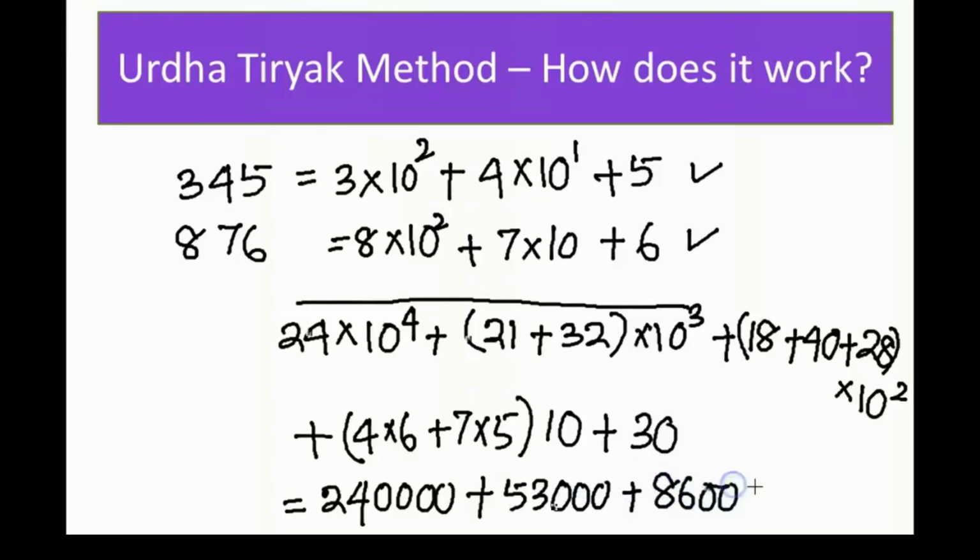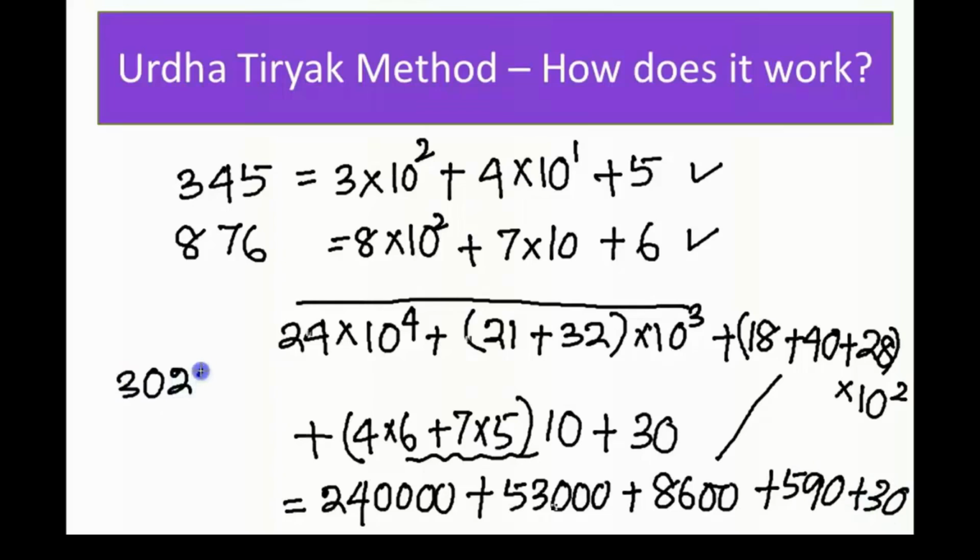You add all these things, you will get your result as whatever we got previously, that is 302,220. So this is the actual technique behind our Urdhva Tiryagbhyam method.